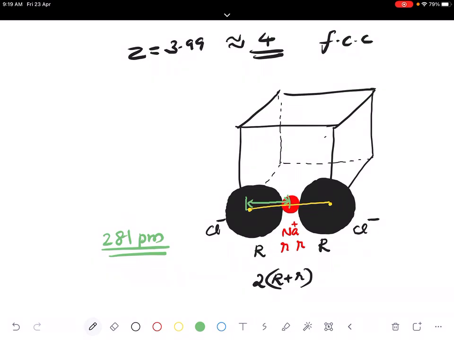The edge length will be its double, so 562 picometer. If you calculate the edge length as 562, then the interionic distance, that is the distance between Na plus and Cl minus, is just half of that.